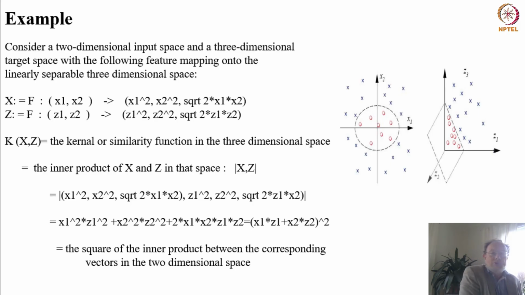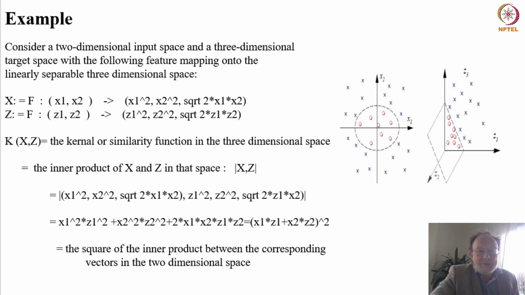So we choose a mapping: we map an instance (x1, x2) onto three new coordinates. The first coordinate is the square of x1, the second is the square of x2, and the third is the square root of 2 times x1 times x2. So this is how we define it.